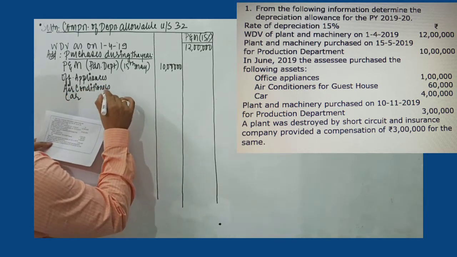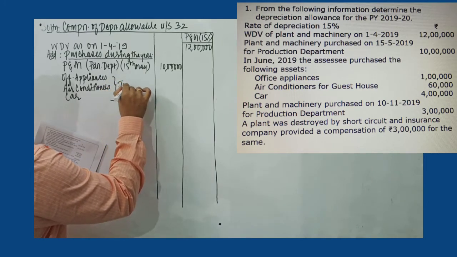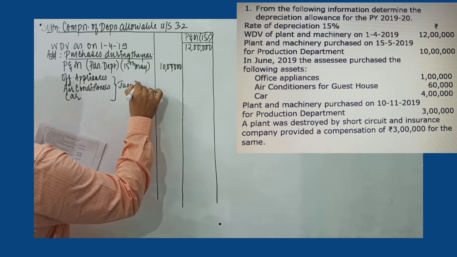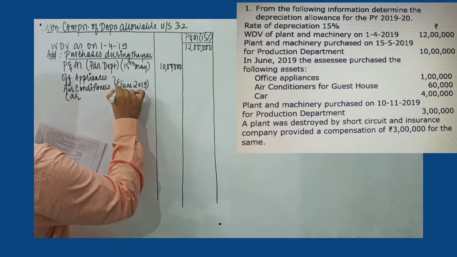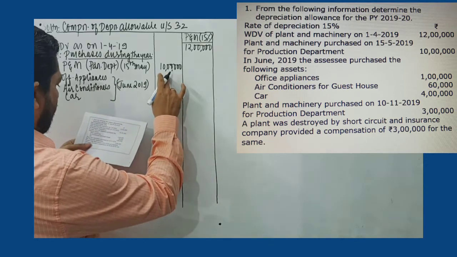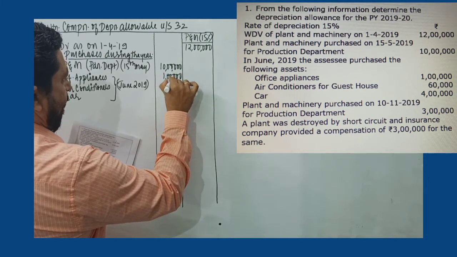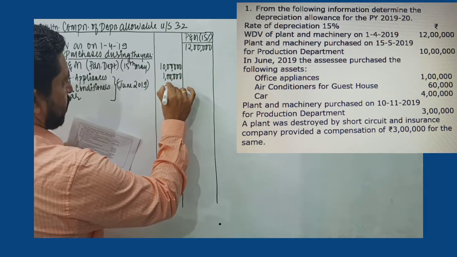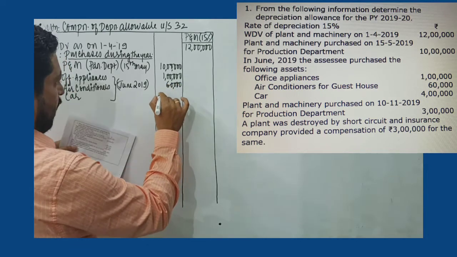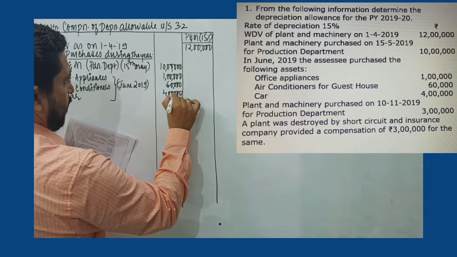And all these are purchased in June 2019, maybe 1st of June or end of June, it doesn't matter. The value of office appliances is 1 lakh. The value of air conditioners is 60,000. The value of car is 4 lakh.